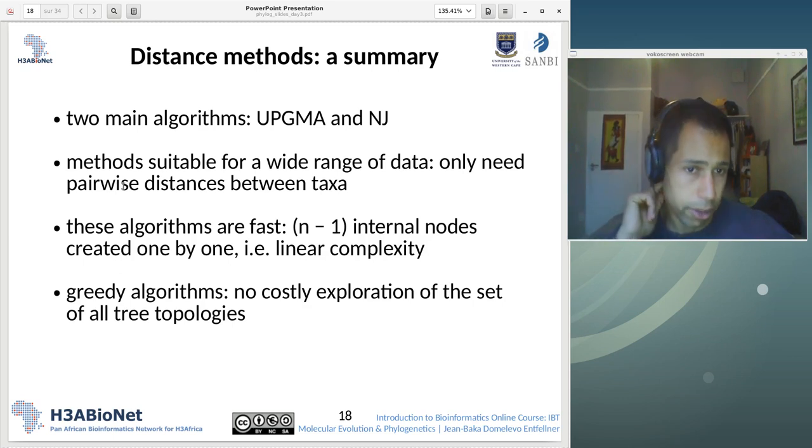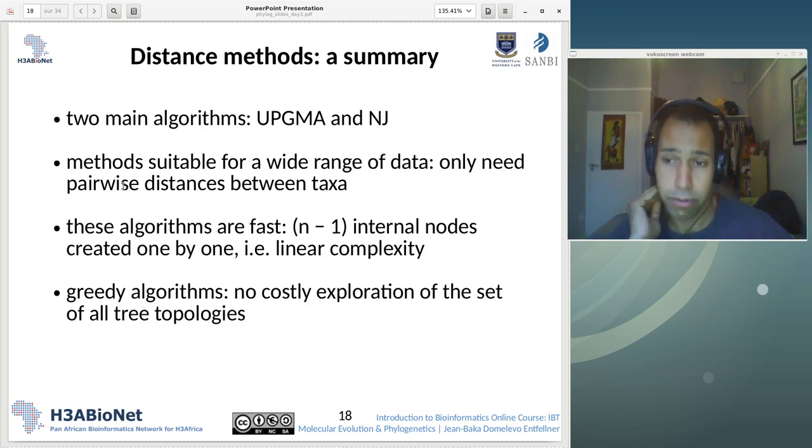So just a summary on distance methods. We have two main algorithms, UPGMA and NJ. These methods are suitable for a wide range of data, and that's their strongest advantage over other techniques, because you only need pairwise distances between taxa and then you're good to go.